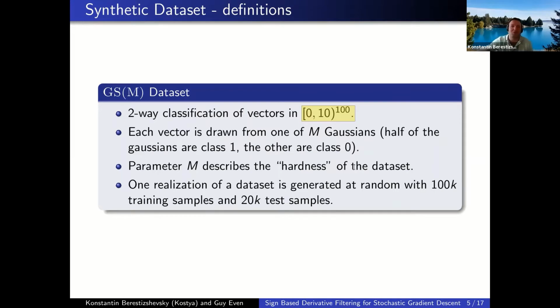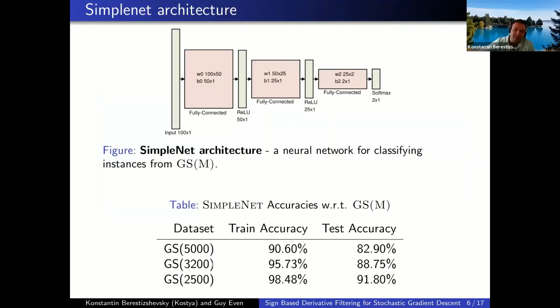The model needs to learn to separate between those Gaussians, and the higher the m, the harder the task. So we prepared this random synthetic data set, and I just empirically found that 3200 Gaussians is good enough. It's hard enough. I came up with just some random architecture, and this will be my experimental setup.